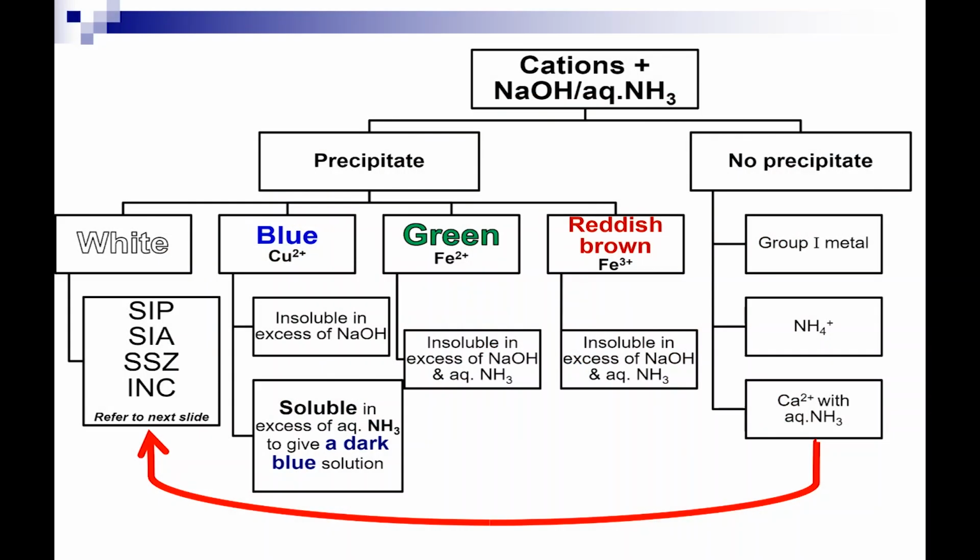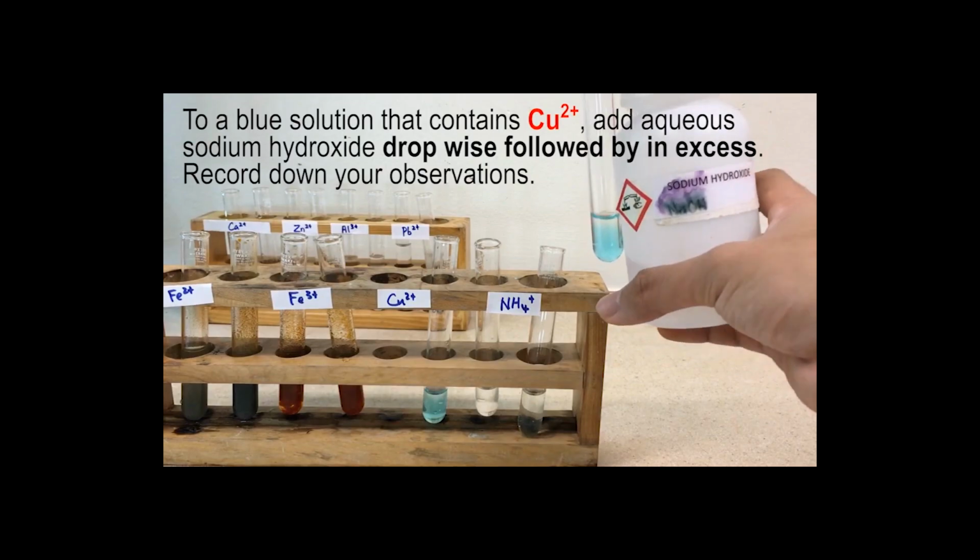This flowchart is a summary of the cation table. When aqueous sodium hydroxide or aqueous ammonia is added, a solution containing copper 2+ will give a blue PPT.